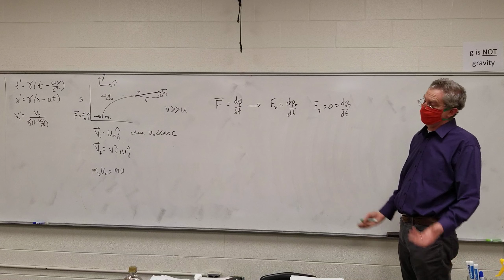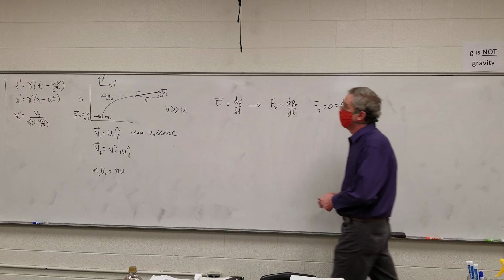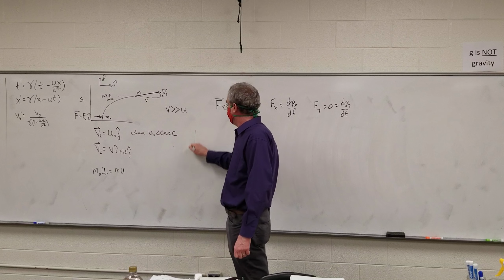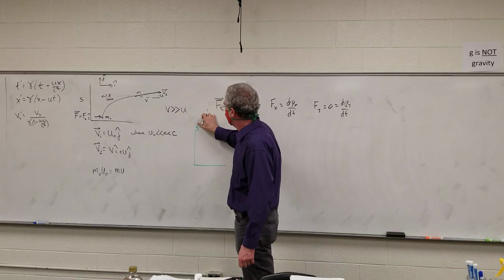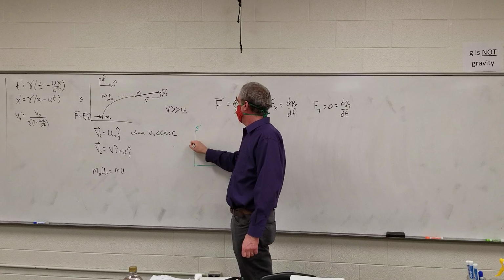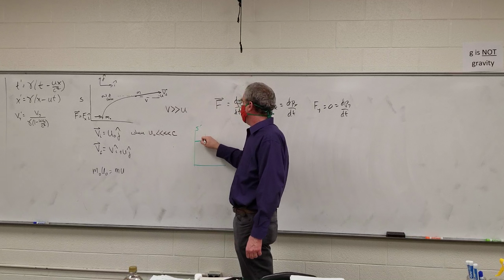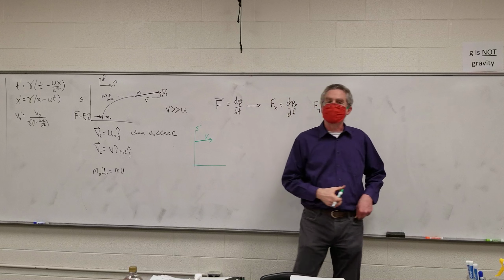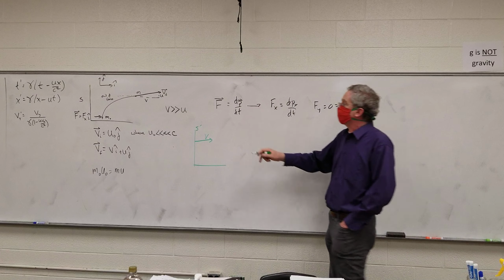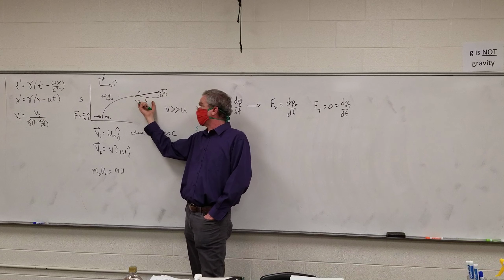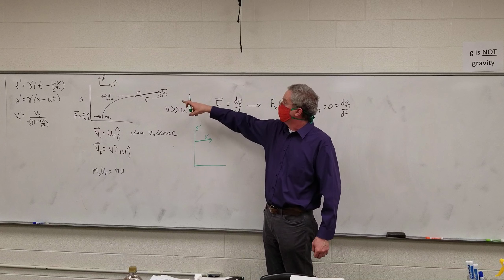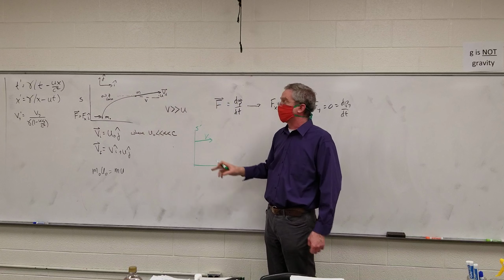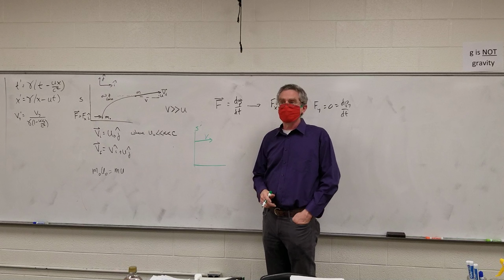Now, of course, the S prime frame. And I want the S prime frame to be traveling at some speed v. Because the S prime frame is going to be traveling at the exact same speed as the horizontal component here, the particle at the end of this force is going to look like it's going straight up.